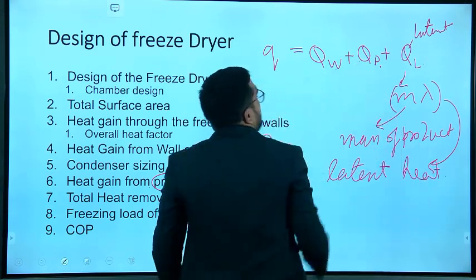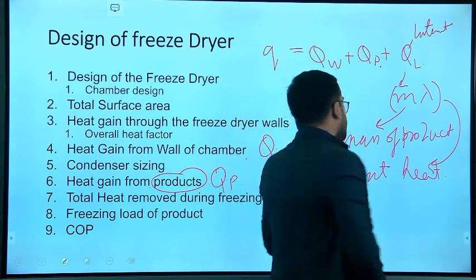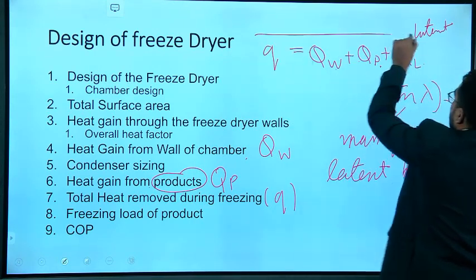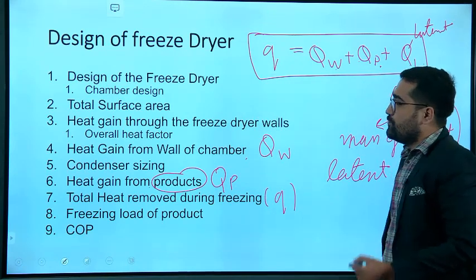This formula we have seen, MCP delta T, and this one, UA delta T by X. So this is the ultimate heat which a freeze dryer is working on to remove.